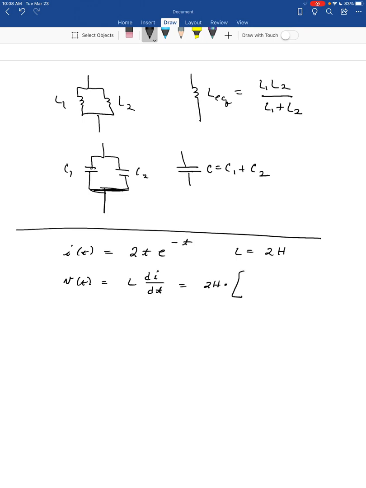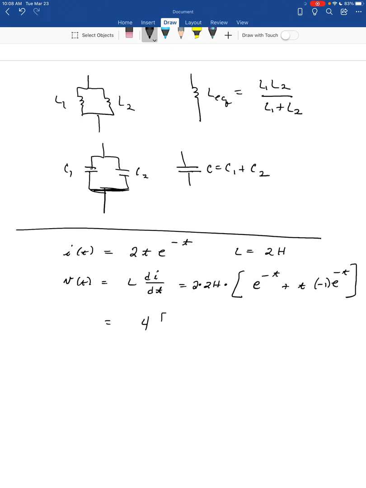So it would be 2 henries times the derivative of this equation. Remember, in the product rule, we'll go ahead and factor out the 2. You take the derivative of the first, which would be 1, times the second, and then you take the first times the derivative of the second, which just brings down a minus 1.